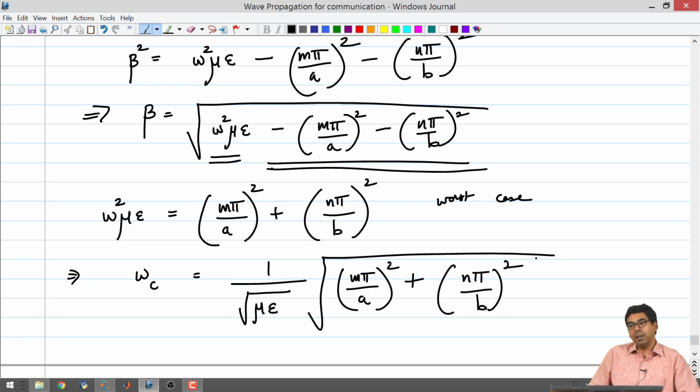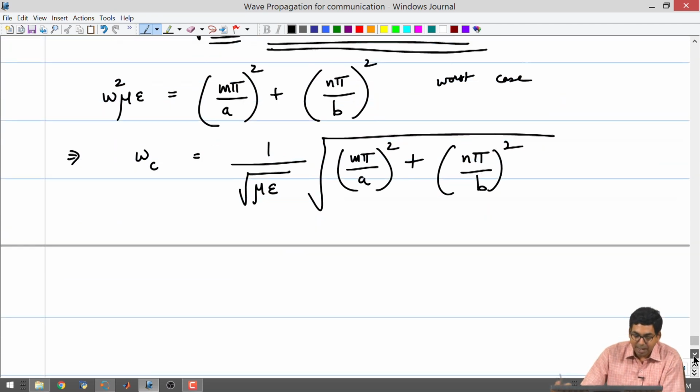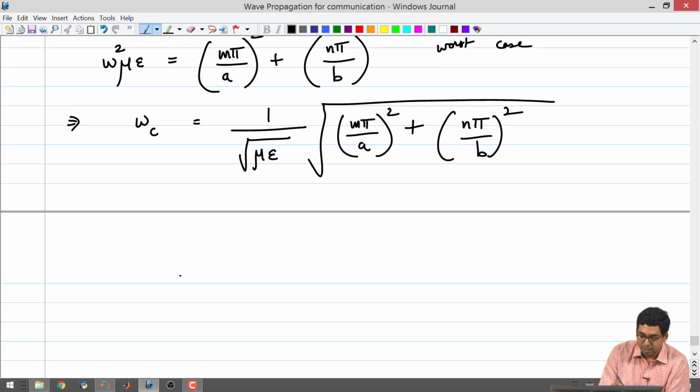So, you will end up having a travelling wave. Your signal, whatever you are giving, has to be higher than this cutoff. So, you can say that omega input should be higher than omega c for you to have any travelling wave inside of this waveguide.